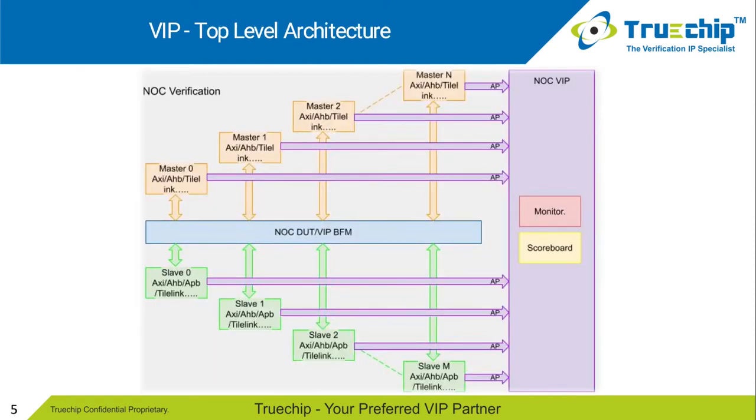This is the VIP's top level architecture. So n number of masters and m number of slaves are possible, and the NoC VIP is connected with each master and slave port. Now we will discuss how the NoC VIP and master and slave VIP can connect with the NoC DUT.